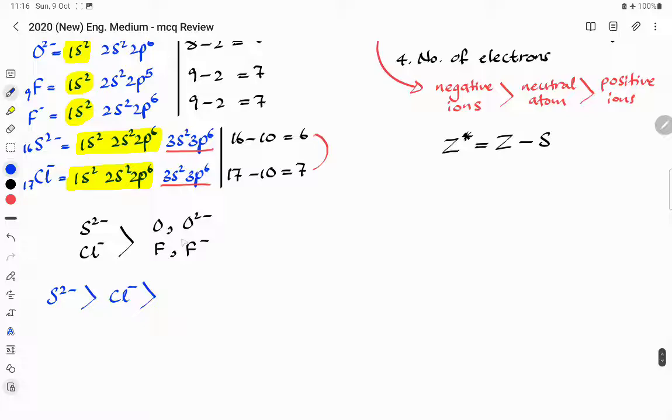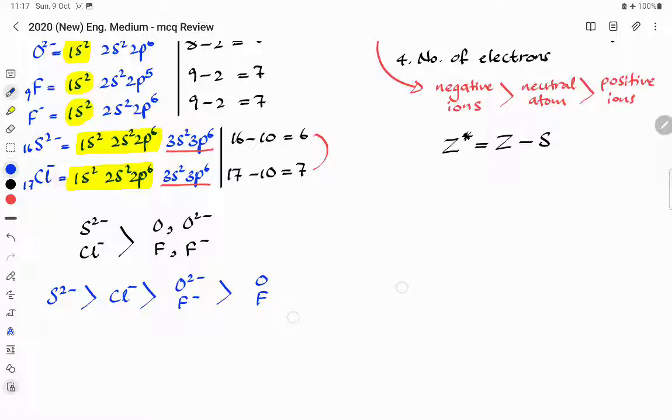Those are 2 charged ions actually, oxide and fluoride. So oxide, fluoride, we don't know which one is greater, and neutral atoms should have a smaller radius.